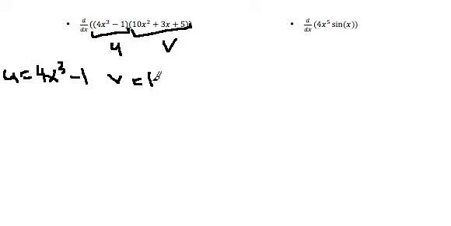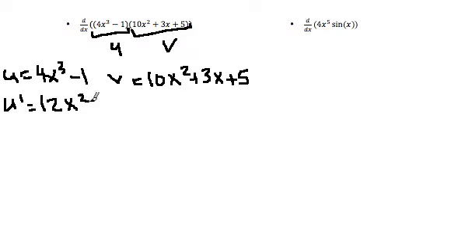V is equal to 10x squared plus 3x plus 5. And so u prime equals 12x squared, and v prime is equal to 20x plus 3.